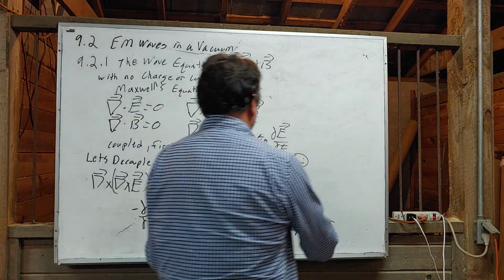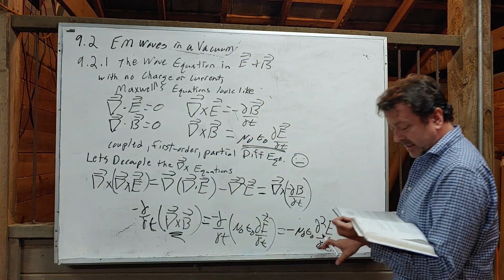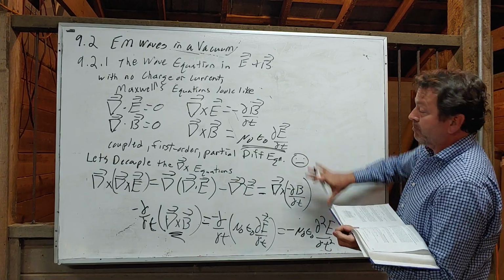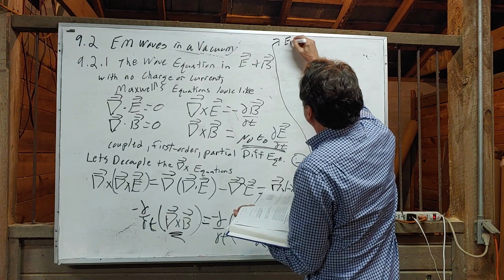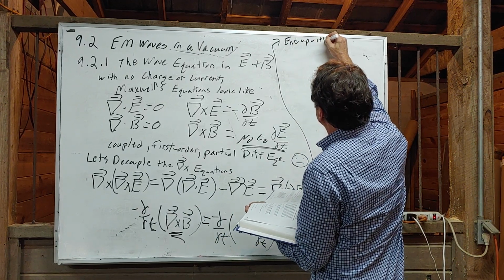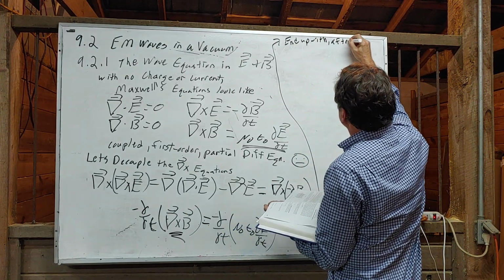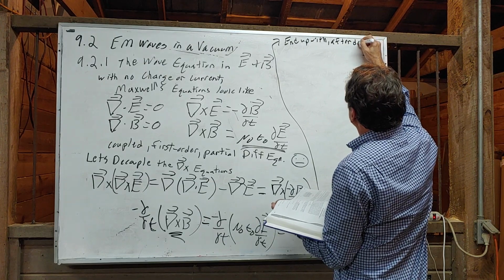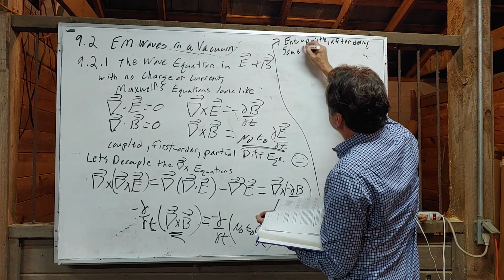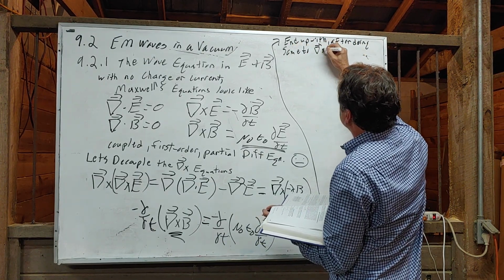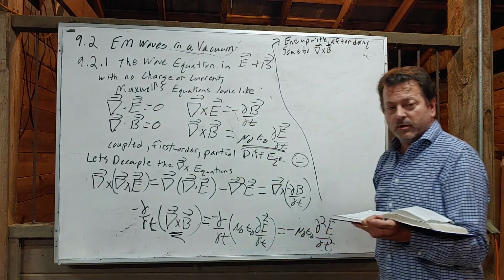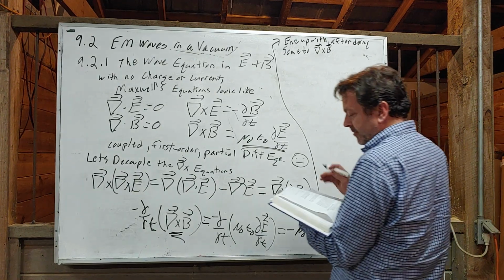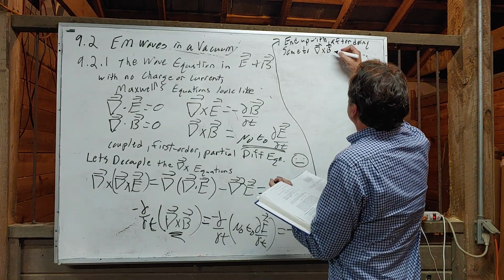When they get something similar, for board space, I'm just going to say what they end up with after doing the same to del cross B, do the same here that you did there.